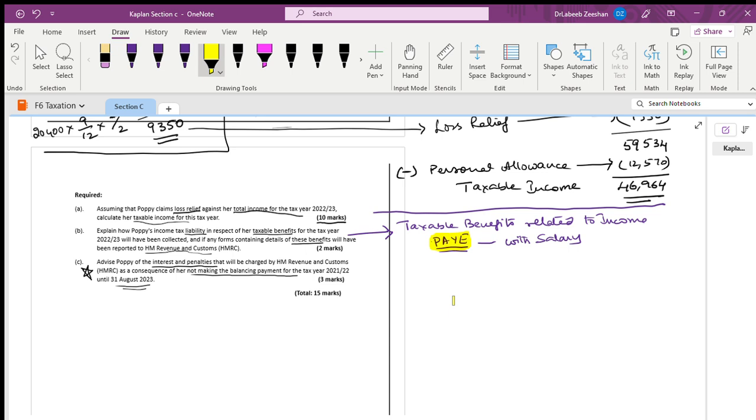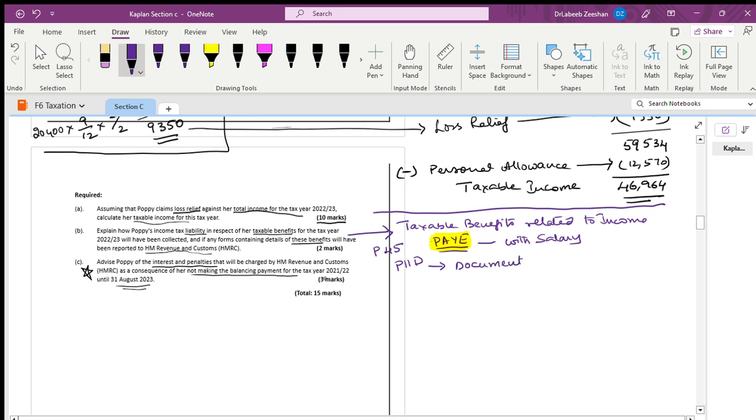Now you can see you have a form, P45, is it right? There is another form called P11D. You heard about this? I'm writing it here for you.